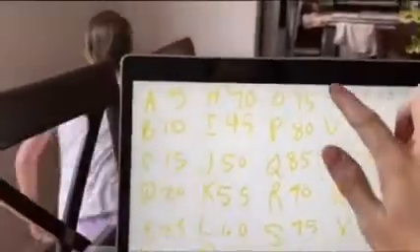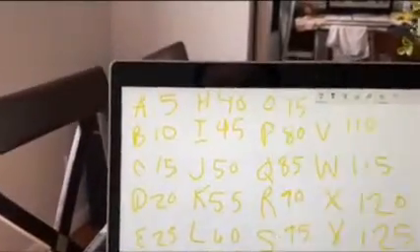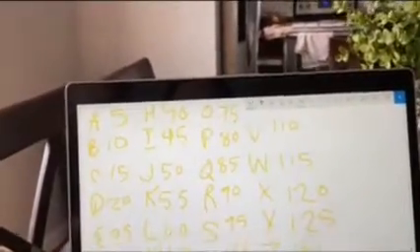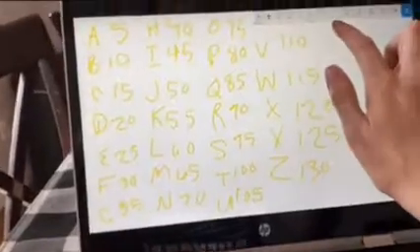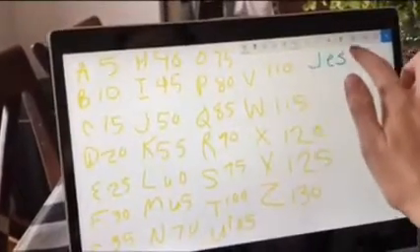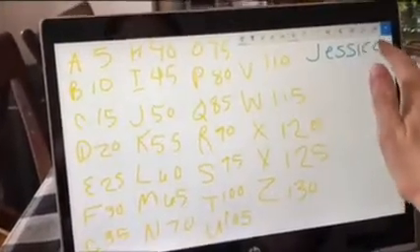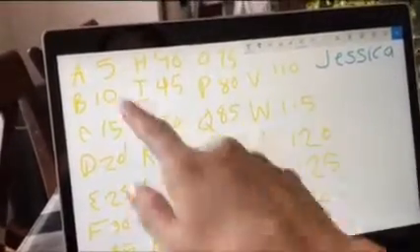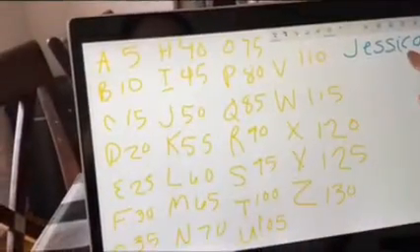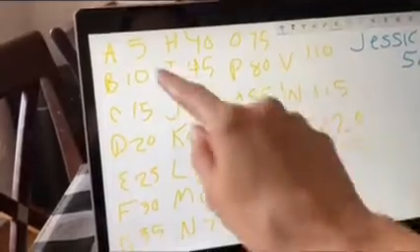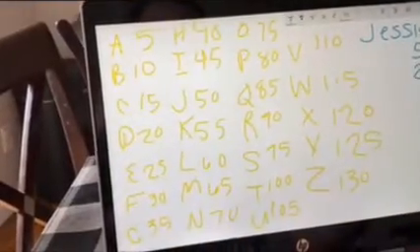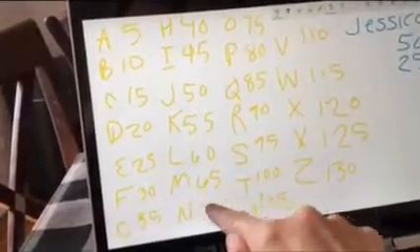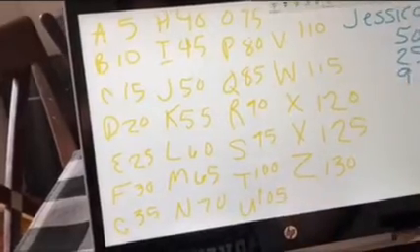So now we're going to figure out my name, which is Jessica. All right, so J was worth 50, E 25, S 95.